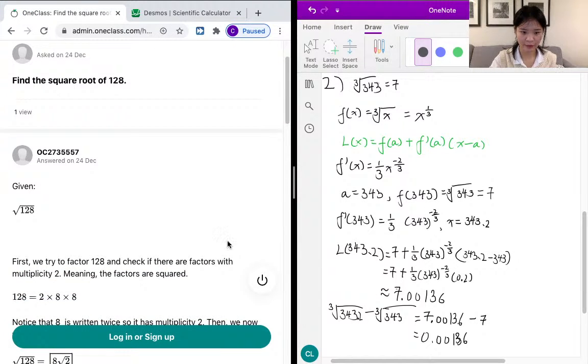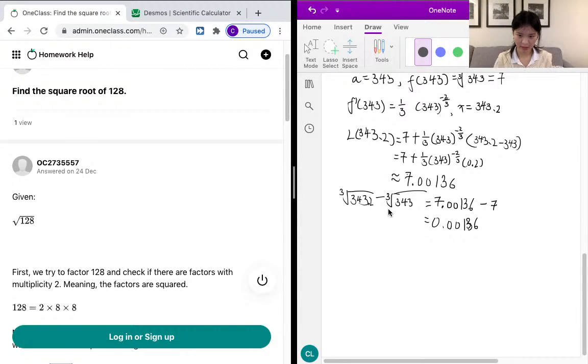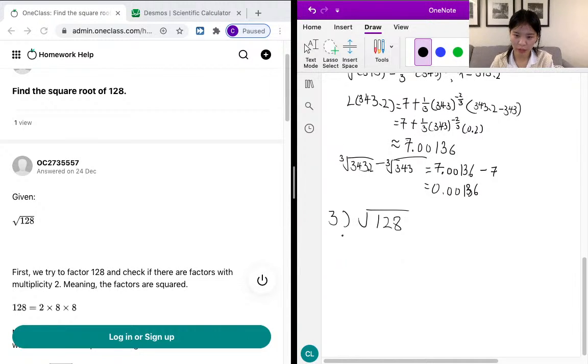It's asking us to find the square root of 128. So let's just do that. Our problem number 3 is asking us to find the square root of 128. So how do we find the square root of 128? We use prime factorization.